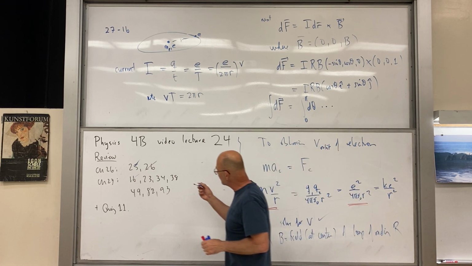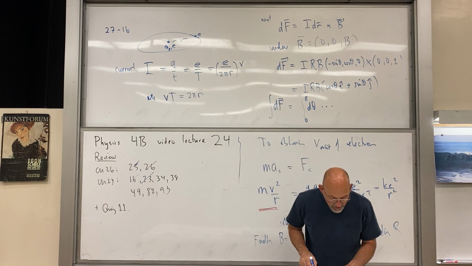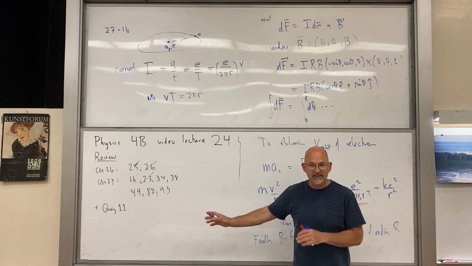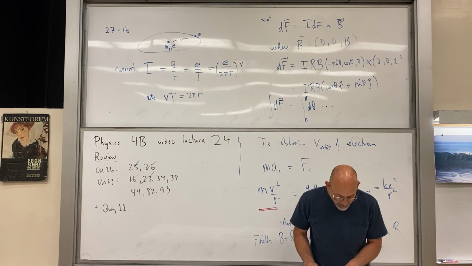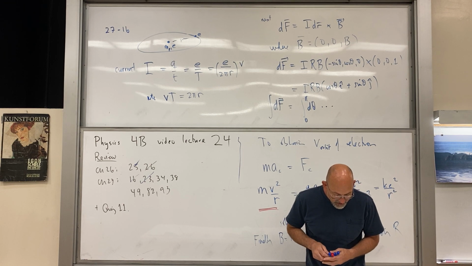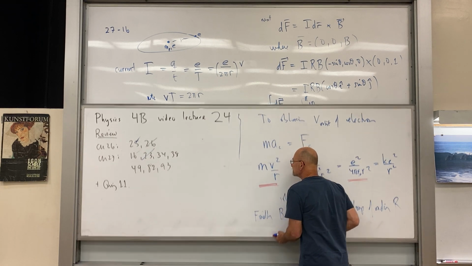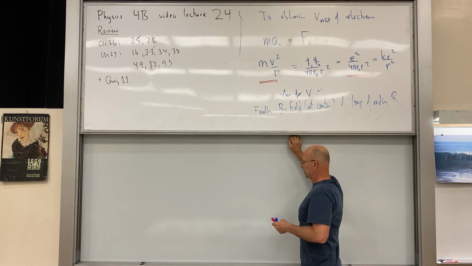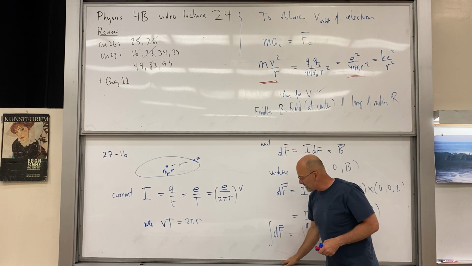I'll just declare that one done, because you have to take several or a few derivatives, just derivatives. How about problem 34 and 38 of chapter 27? I'll do 34, 38. It's very similar.